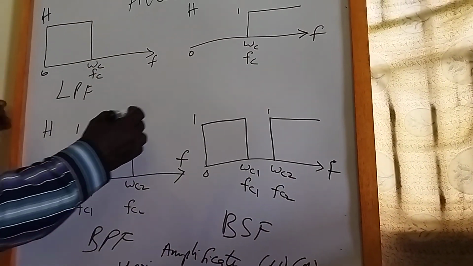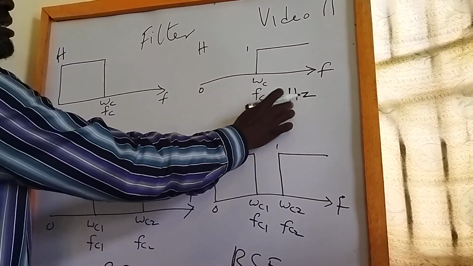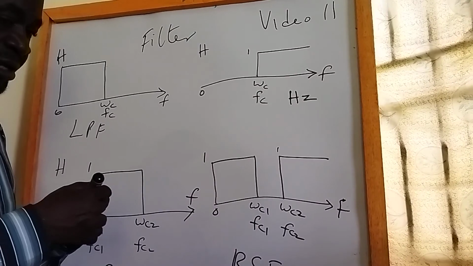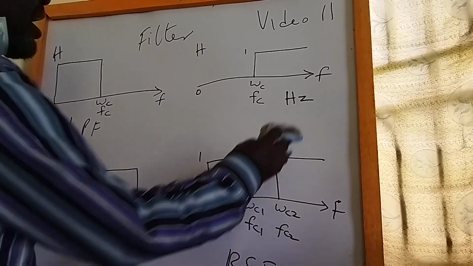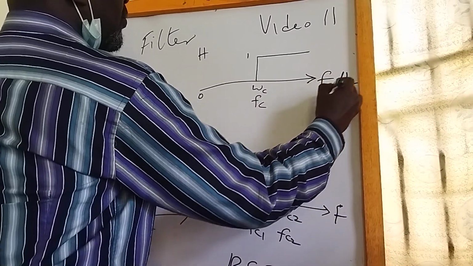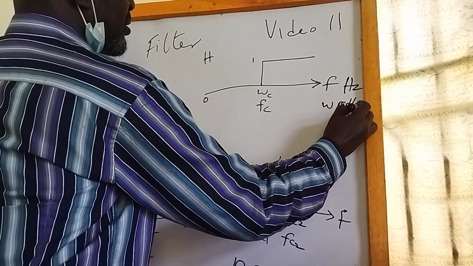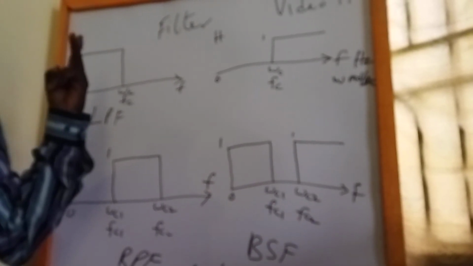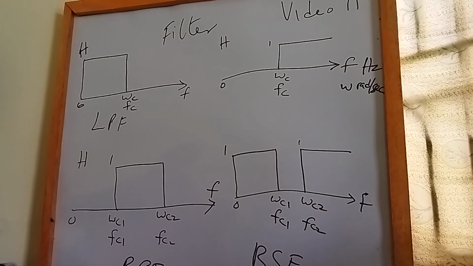Your frequency can be in hertz if we are using F. F is in hertz. We can use omega, which is in rad per second. So as you follow this lecture, know that we have two possibilities on the y-axis and two possibilities on the x-axis.